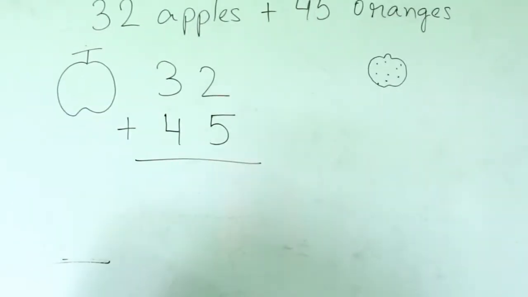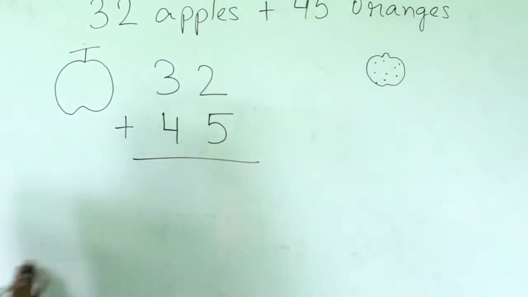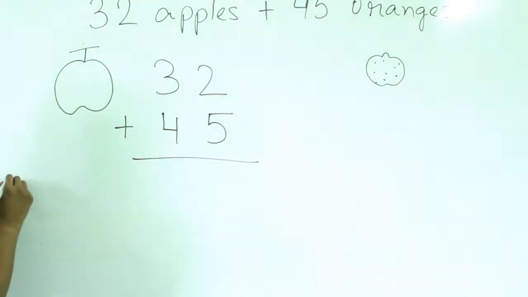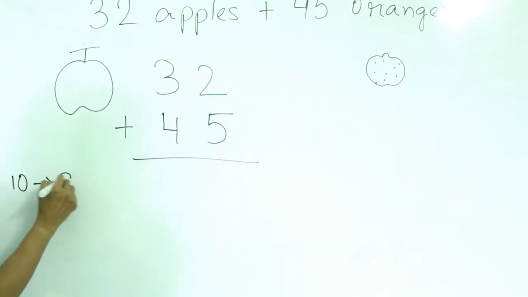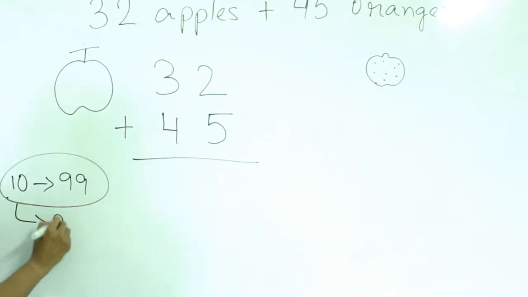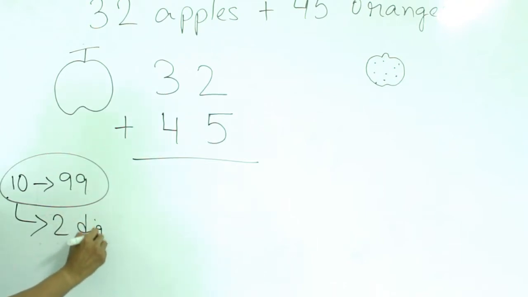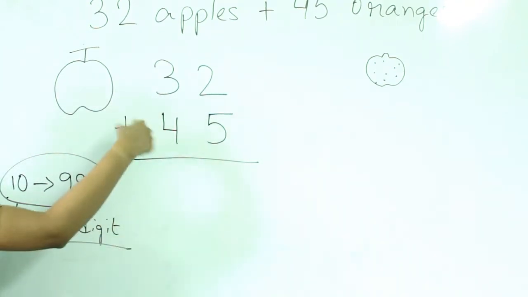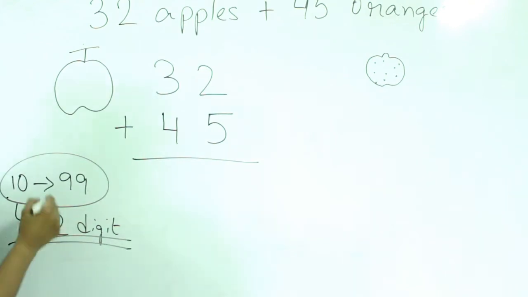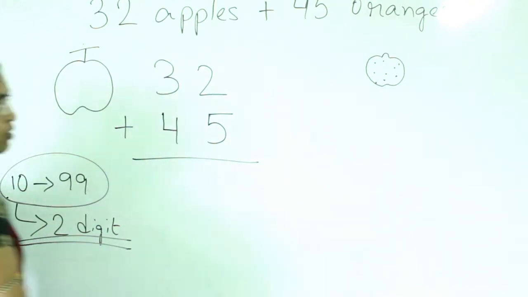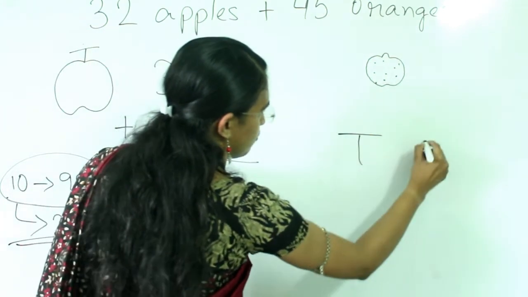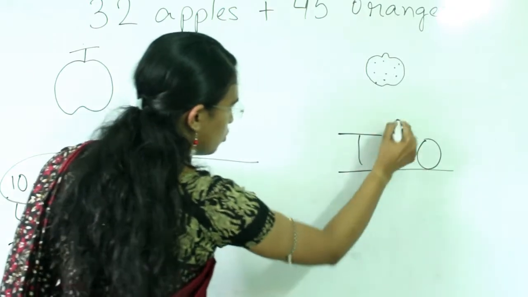And have you remembered that starting from 10 to 99, these are 2-digit numbers. Okay. When we have to add 2-digit numbers, in this place what we have to do, this is tens and this is ones.